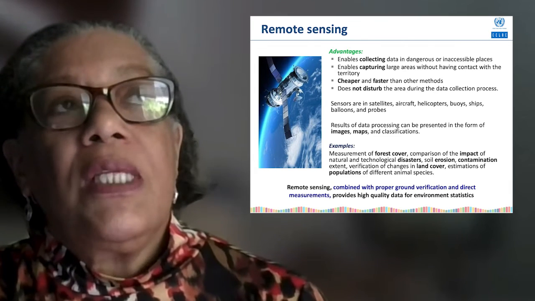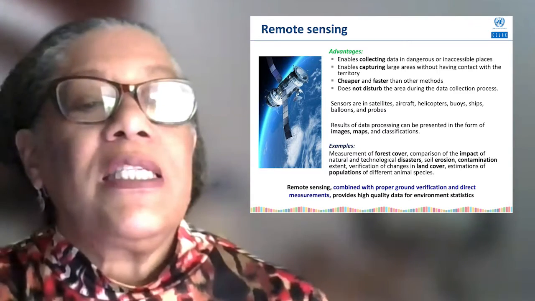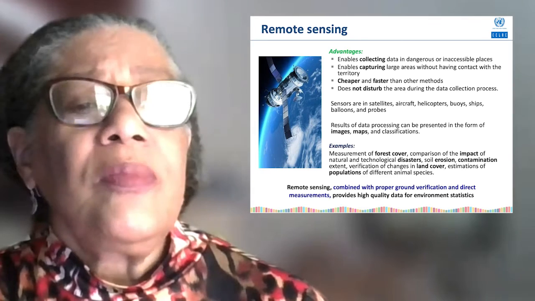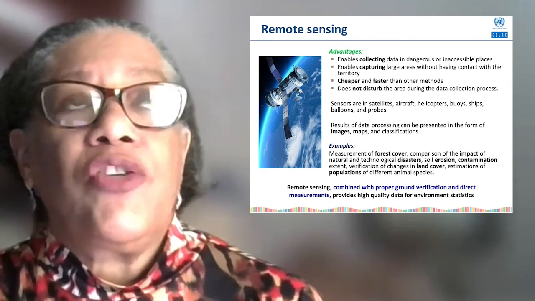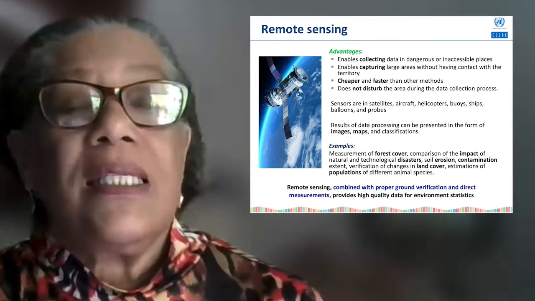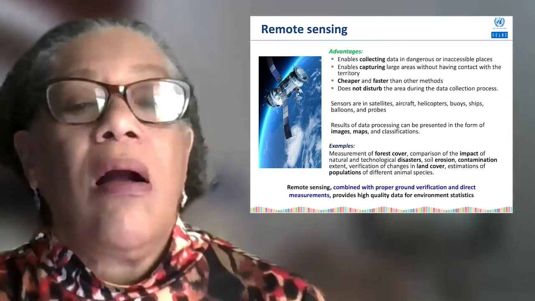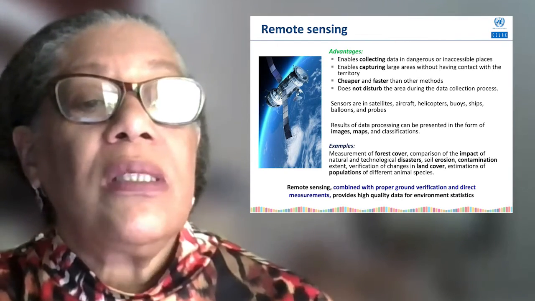Probably the best known use of this is for the measurement of forest cover. Other uses are for the comparison of the impact of natural and technological disasters. We can also look at soil erosion and the extent of contamination of the soil or water.